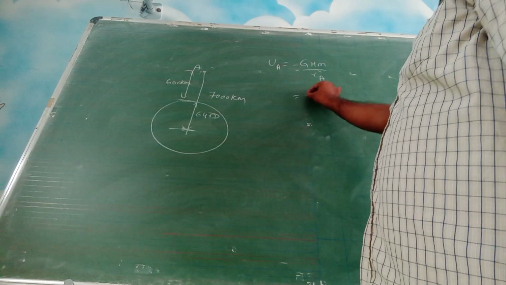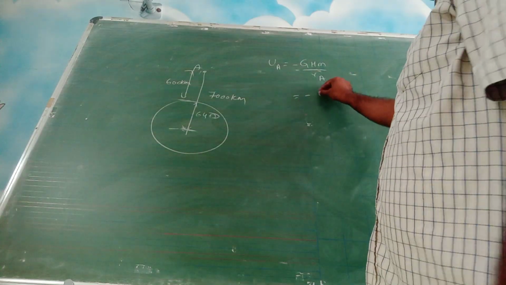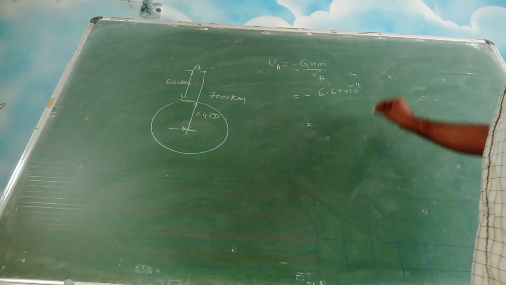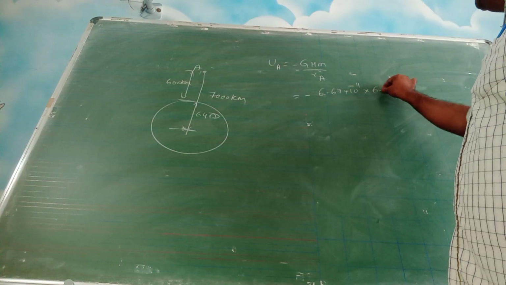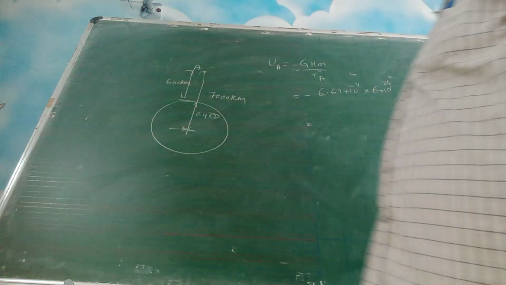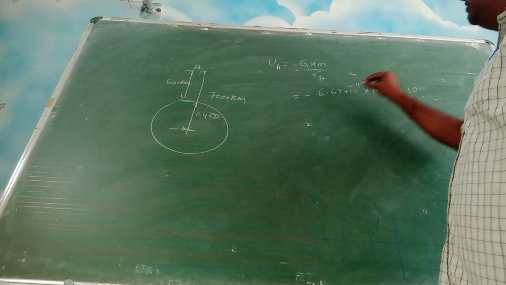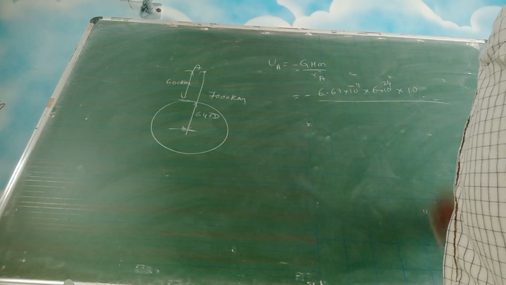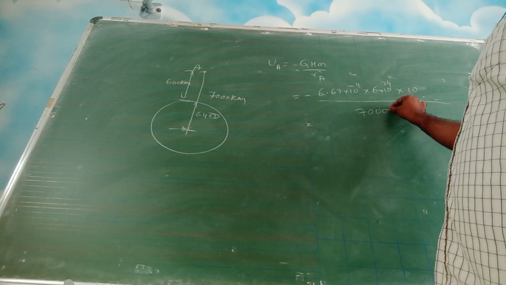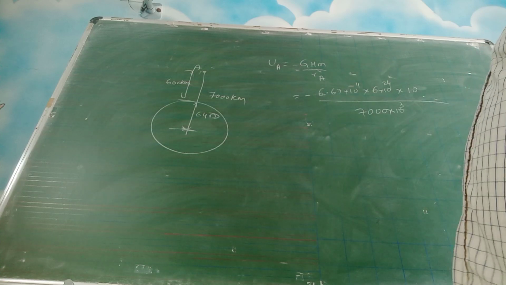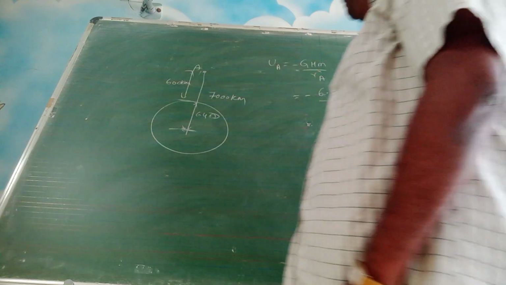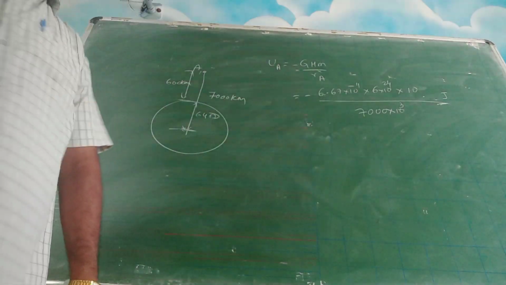G value is 6.67 into 10 to the power of minus 11, mass of earth is 6 into 10 to the power of 24, let us say the mass of the object is 10 kg, divided by ra, which is 7,000 kilometers, so 7 into 10 to the power of 6 meters. Whatever you get, so many joules, because energy is measured in joules. Okay, so this is how it is.